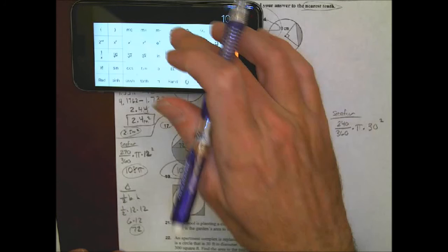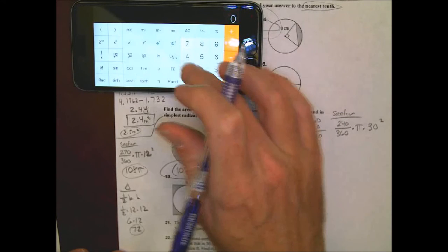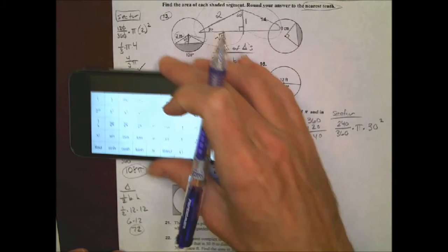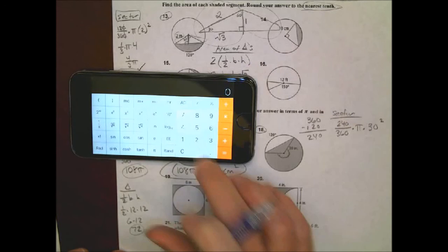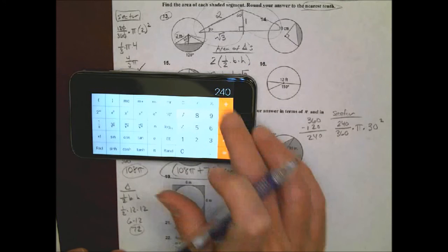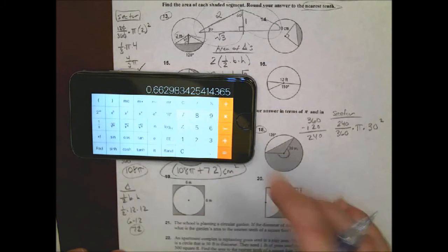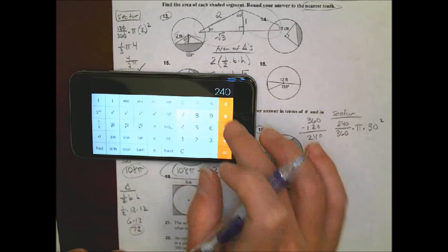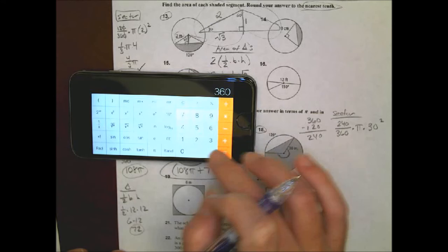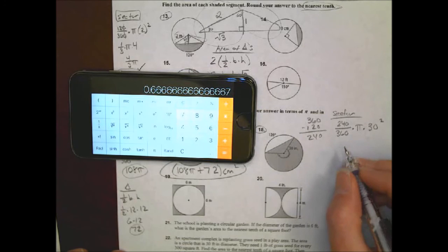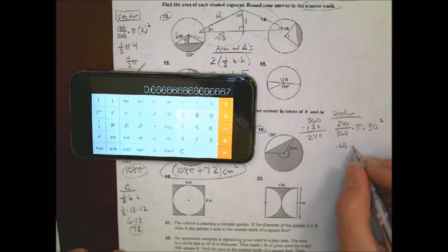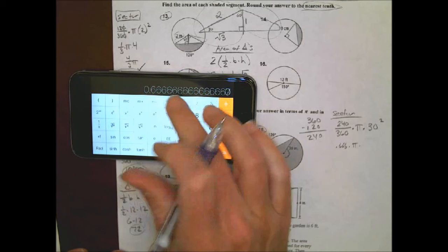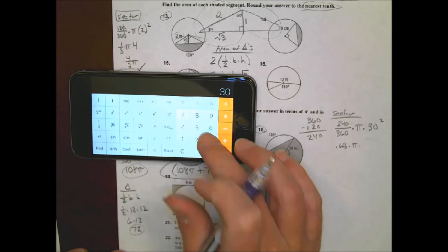Okay, so once again, 240 divided by 360 gives me that lovely 0.6666 forever, times pi times 30 squared, which is 900.